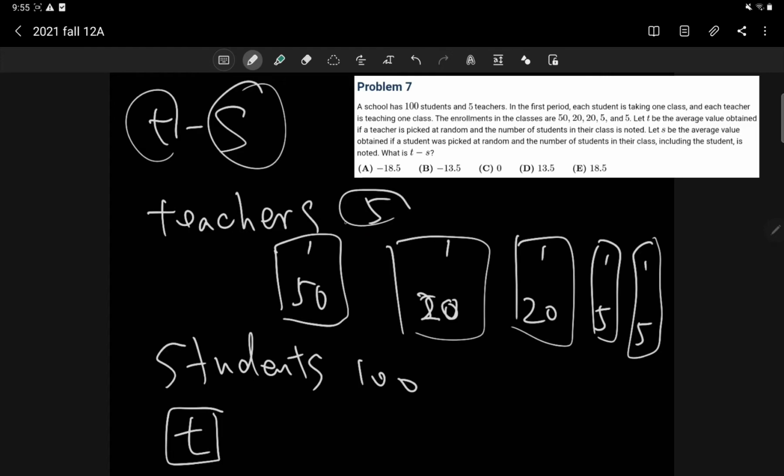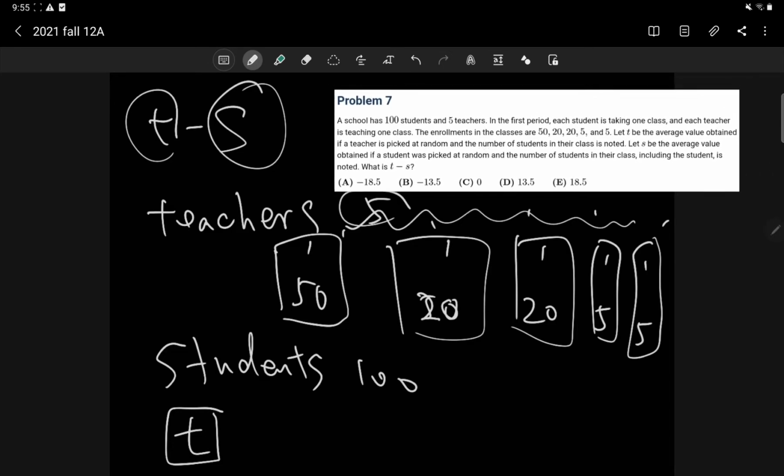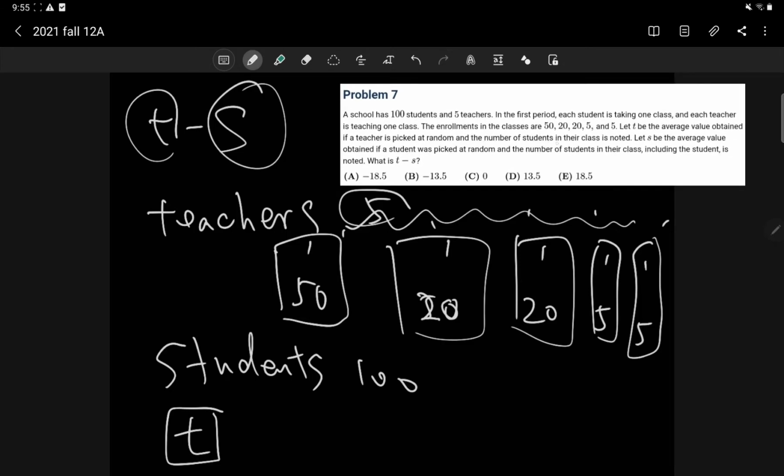We randomly pick a teacher. 1, 2, 3, 4, 5. What is the average value? Average value of the number of students in their class, right?